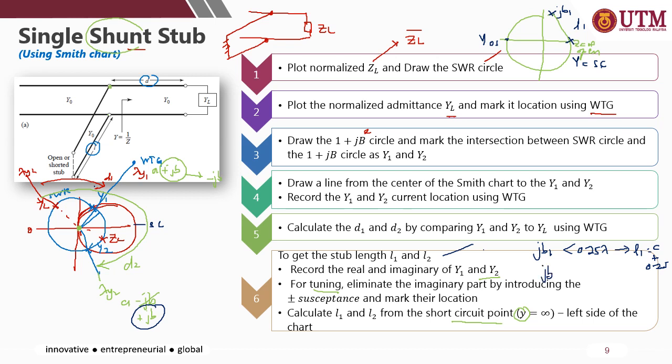If the position of JB1 is more than 0.25 lambda, you'll be subtracting, so the L2 will be equal to the current position minus 0.25 lambda. Okay, this is for short circuit. You are referring to this point. If it is open circuit stub, you'll be comparing to this point. Here it will be 0. So the L1 you can get straight away here.